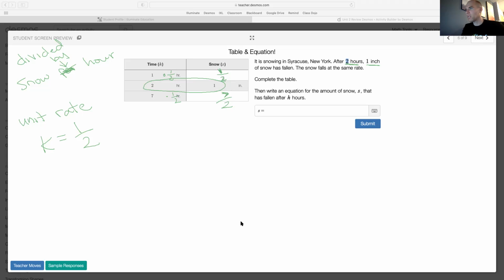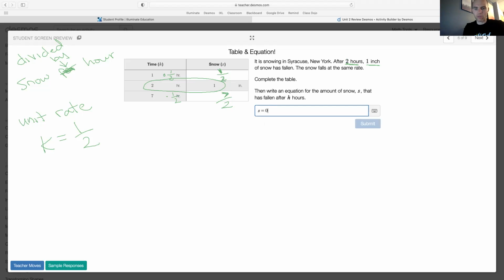All right, and so now we need to write this equation. So I just need an equation that says what's going on in the relationship here. The relationship is if I take any amount of time and I multiply it by that 1/2 of an inch per hour, then I get how much snow has fallen. So in other words, the snow equals 1/2.